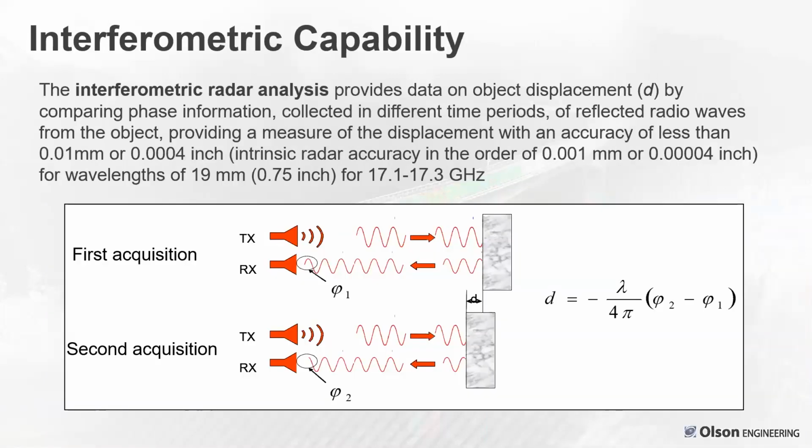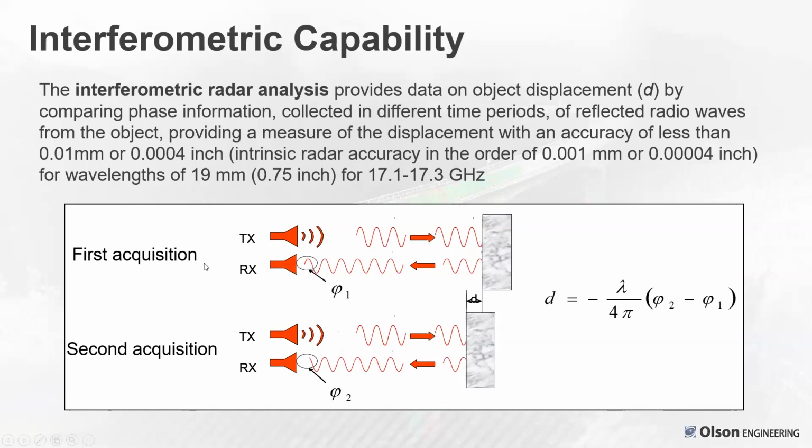So what is interferometric radar analysis? Basically, it's the idea of projecting these high frequency radar waves with wavelengths on the order of 19 millimeters, or 3/4 of an inch, for that frequency range in the US of 17.1 to 17.3 gigahertz. As you can see in the acquisition below, as the antenna sends out the signal, you're looking for the change in phase of the reflected radar signal.